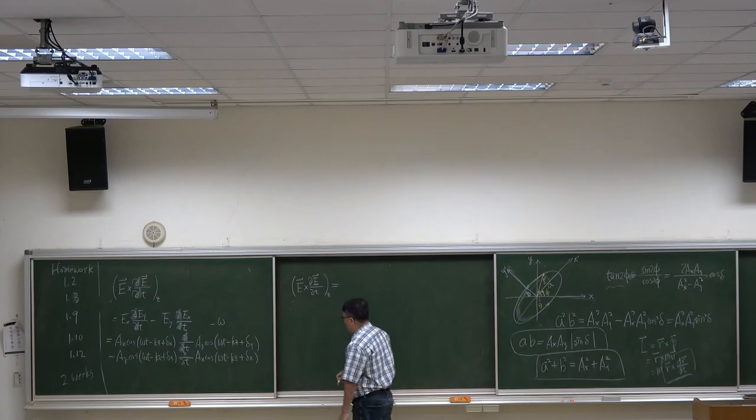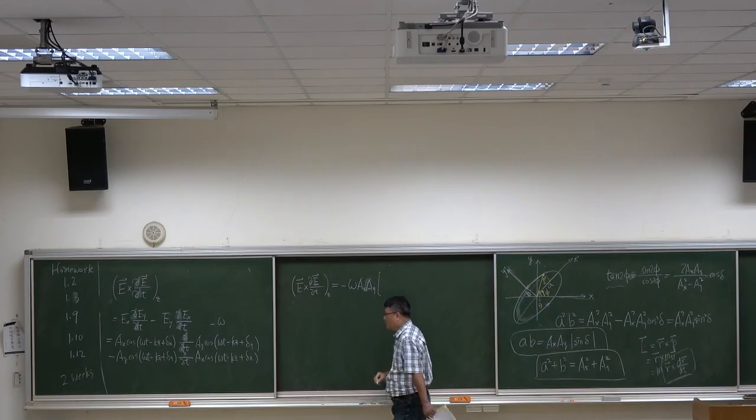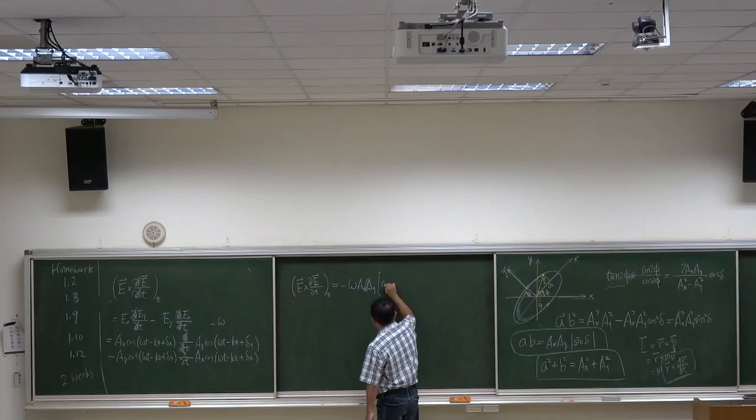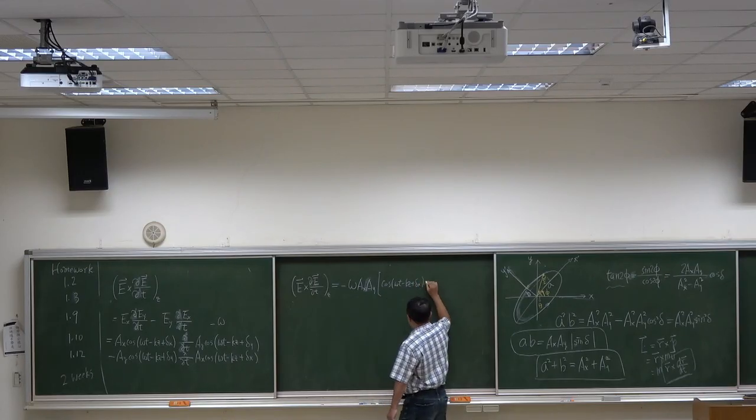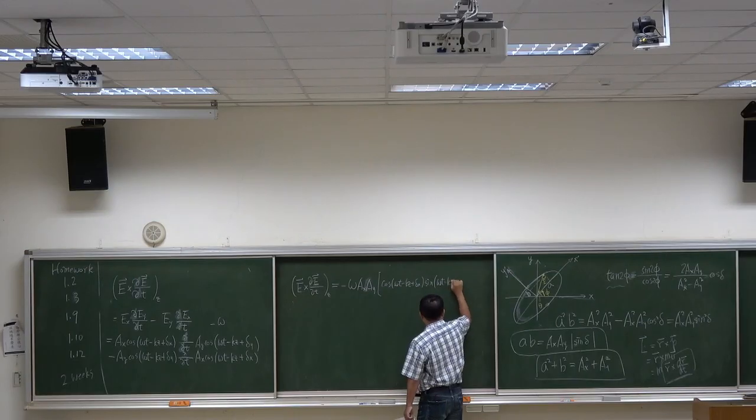Okay. So we have minus omega AX AY times cosine omega t minus KC plus delta x sine omega t minus KC plus delta y.